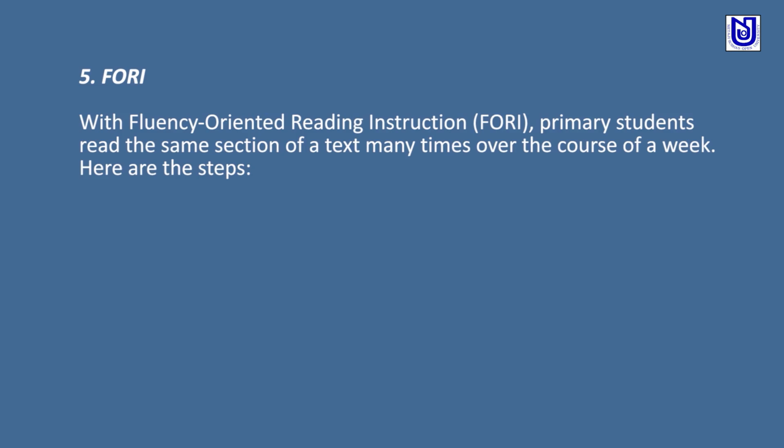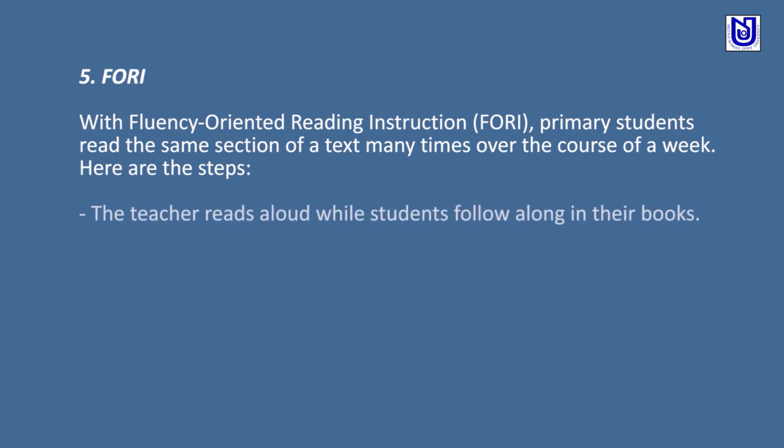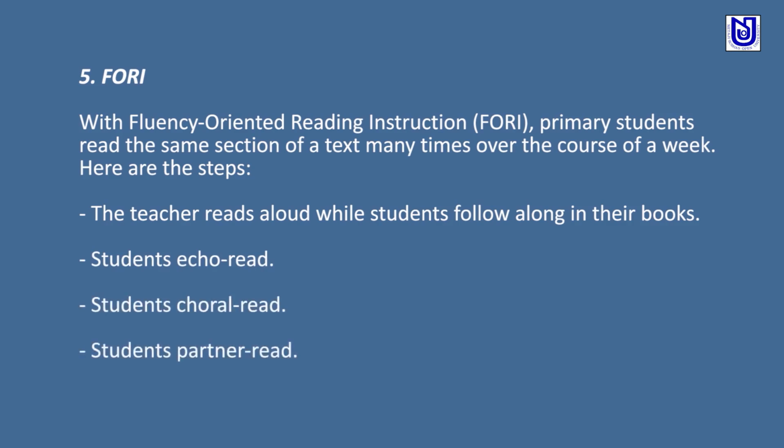The steps involved in this technique are: the teacher reads aloud while students follow along in their books, then students echo read, then students choral read, and students partner read. That way FORI can be implemented. The text is taken home if more practice is needed by that child.